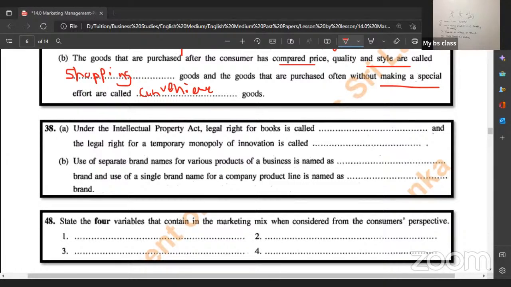Under the Intellectual Property Act, can you remember the act number and the act year? Yes, can you remember that we discussed brands, right?